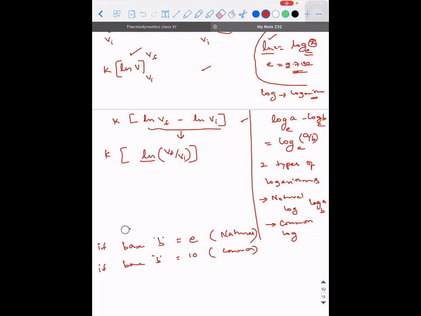E, sir. Yes, ln means log base E. If the base is E, it is called as natural. So what you have done here is natural logarithm.